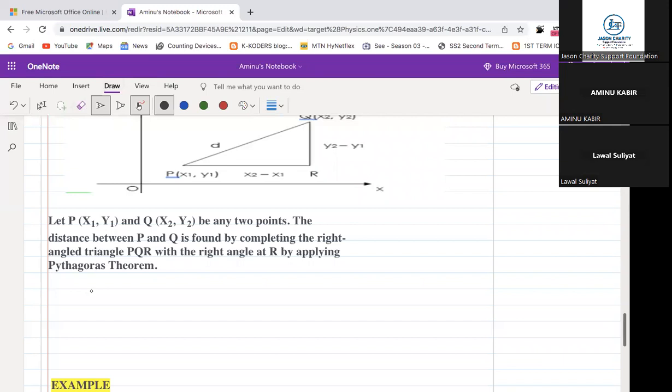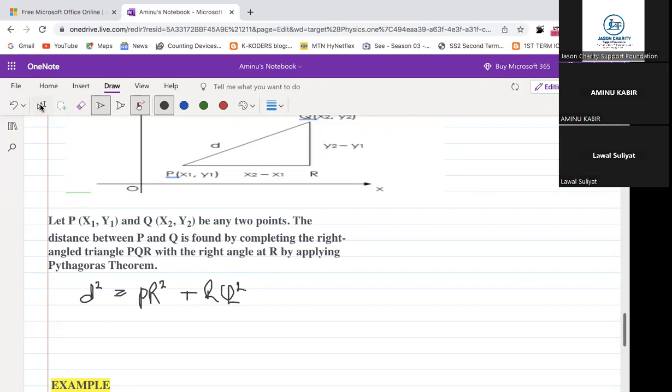So we're going to have d square will be equal to PR square plus RQ square.